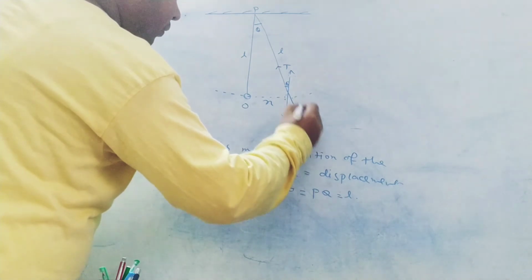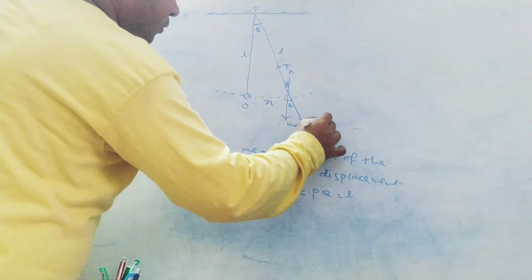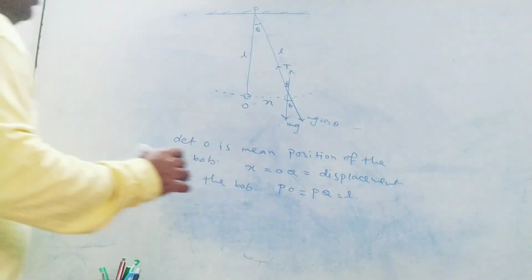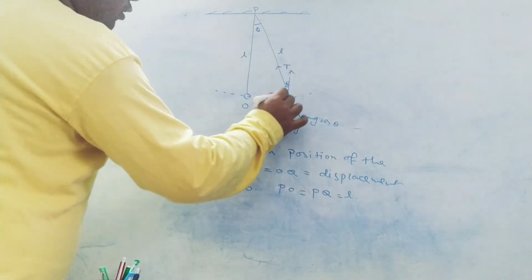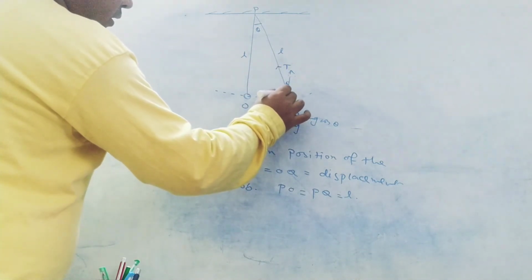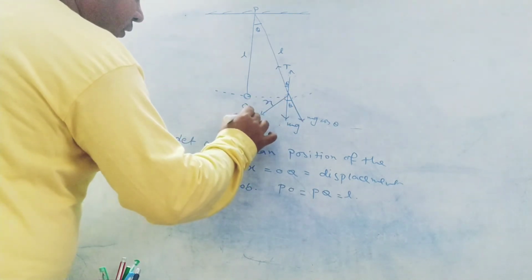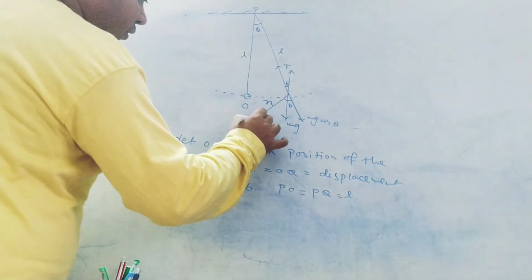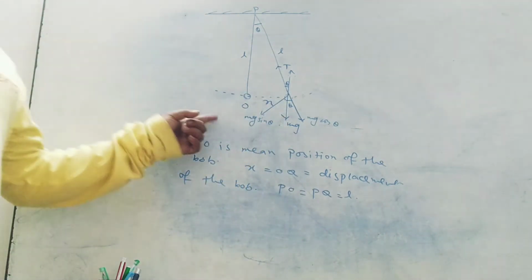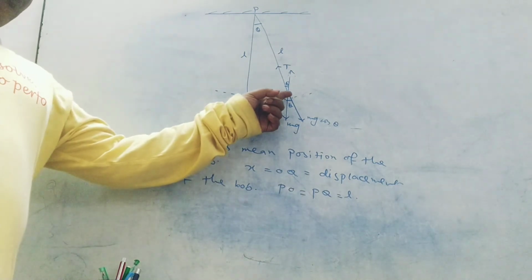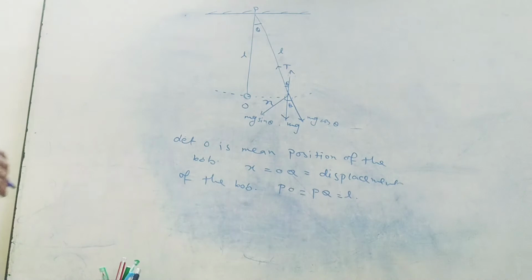We can resolve Mg into two components: Mg cos theta along the string, which acts against the tension, and another component Mg sin theta, which acts as a restoring force that tries to return the bob to its original position.